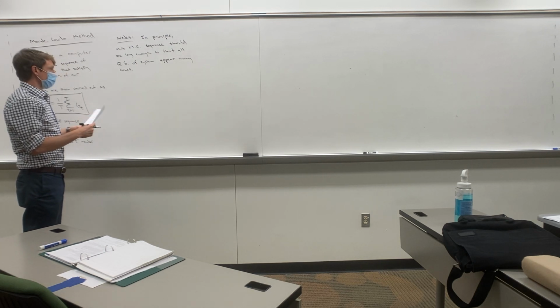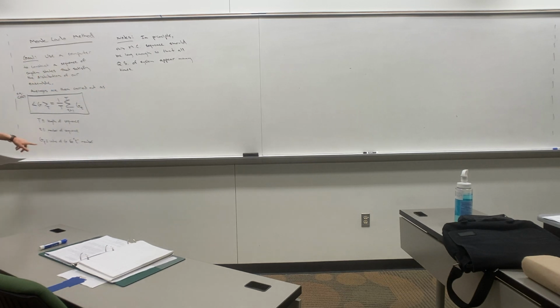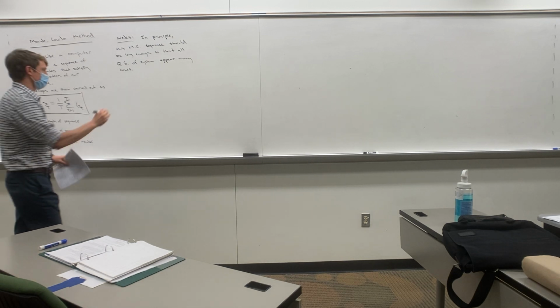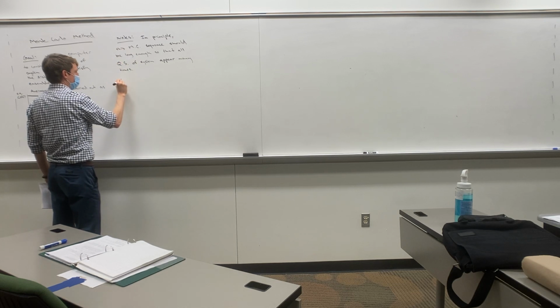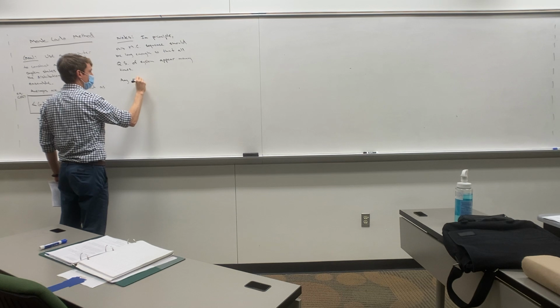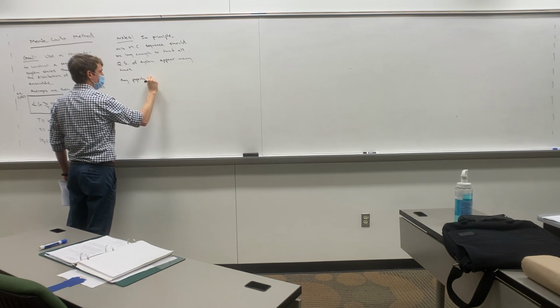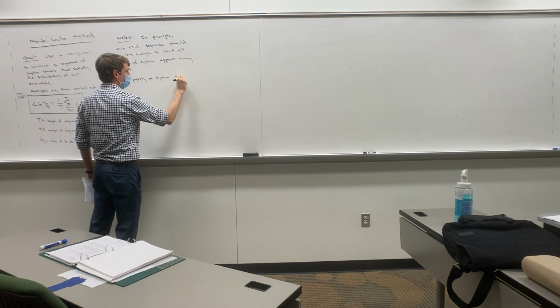If this is true, we can note two things. Note that G is a property of the system, okay? So since G is a property of the system, it's only going to depend on the quantum state nu. This is note one: any property of the system only depends on quantum state.